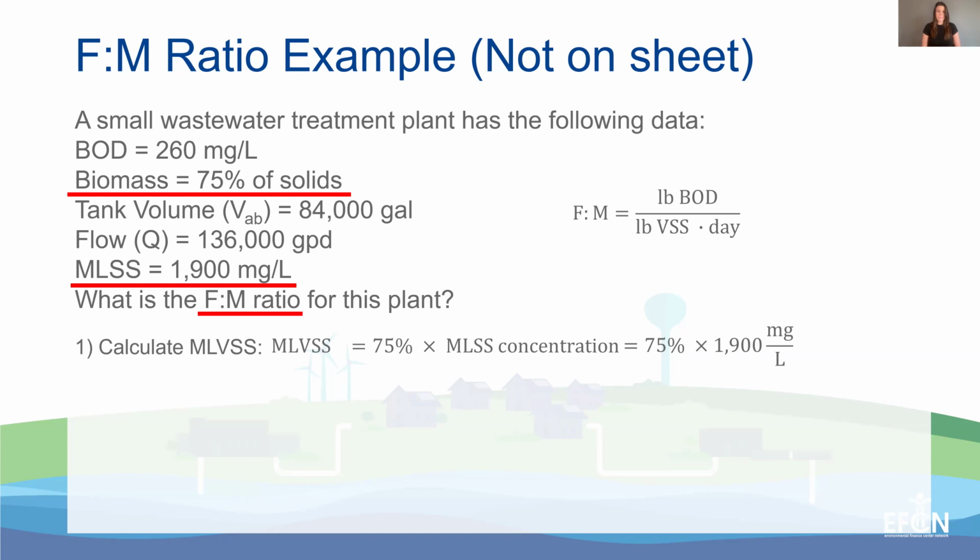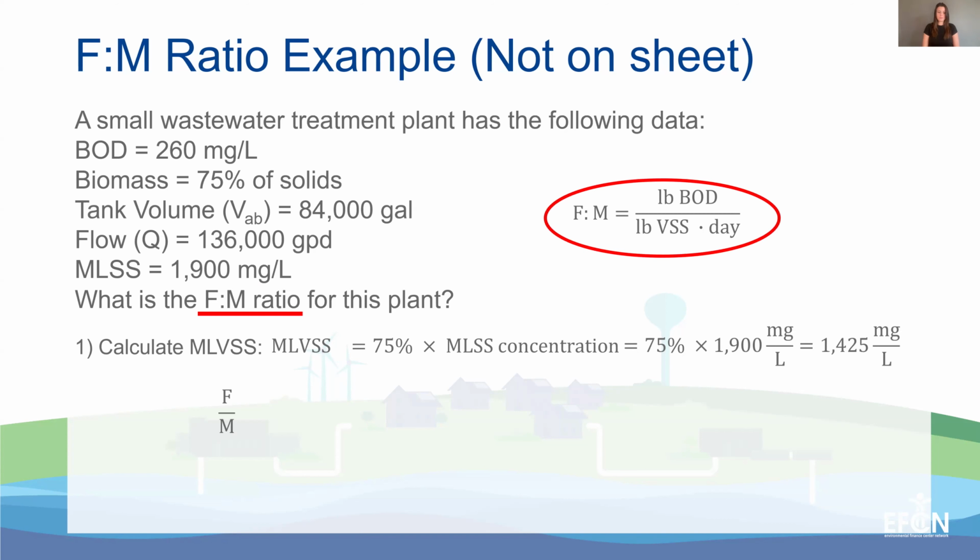So when I multiply, we take 0.75, because we represent the percentage as a decimal, times my 1,900 milligrams per liter of MLSS, we get 1,425 milligrams per liter.